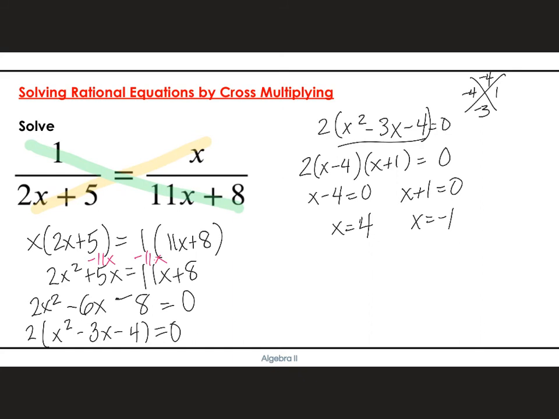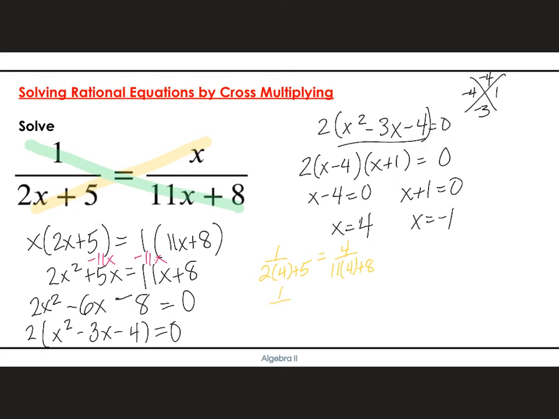And then I'm going to check. So I have 1 over 2 times 4 plus 5 is equal to 4 over 11 times 4 plus 8. So 2 times 4 is 8. 8 plus 5 is 13.